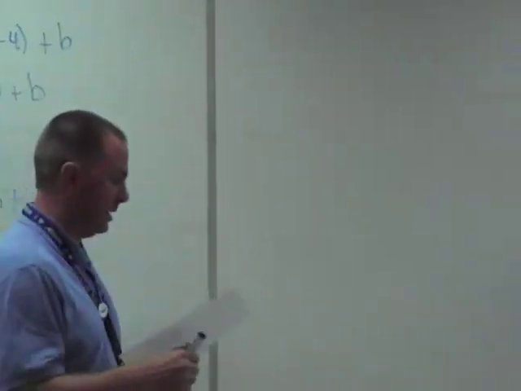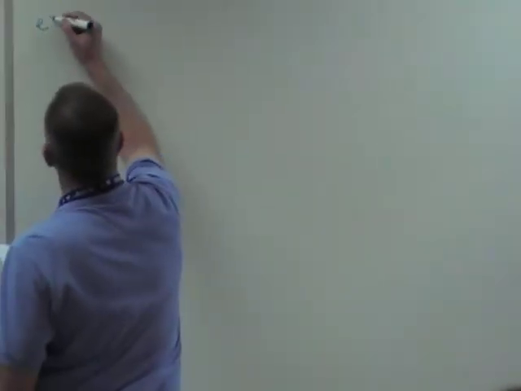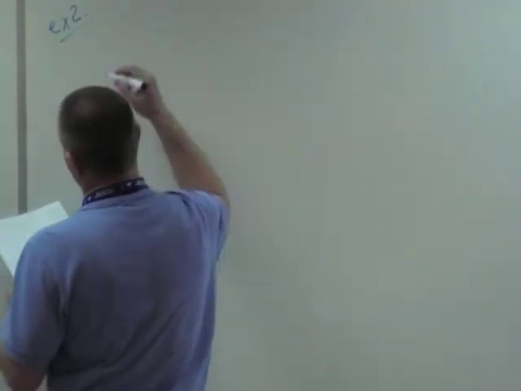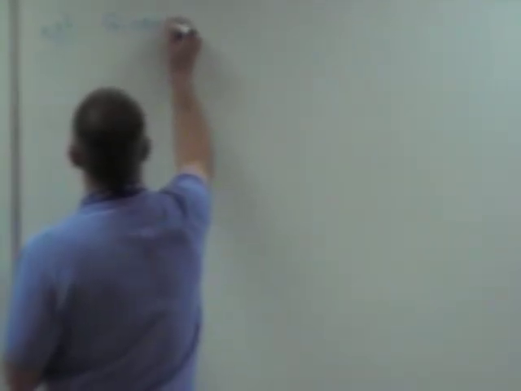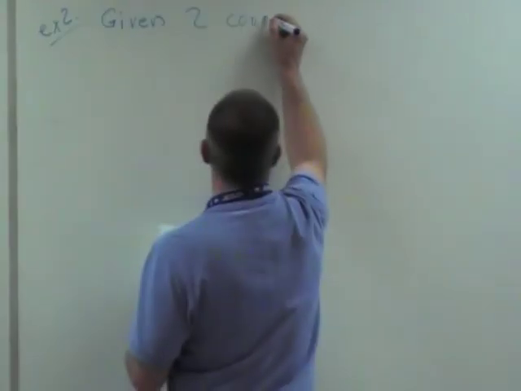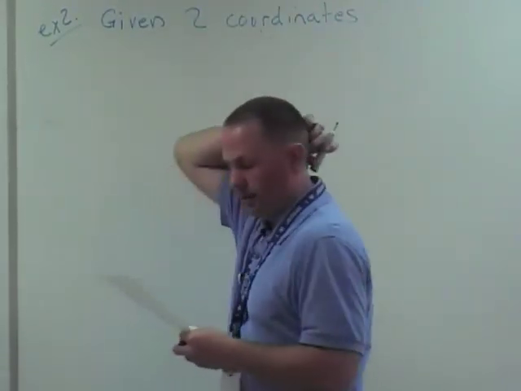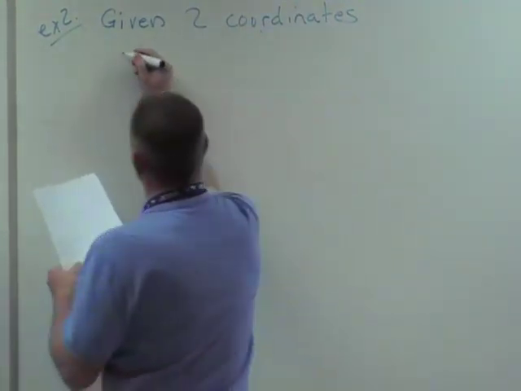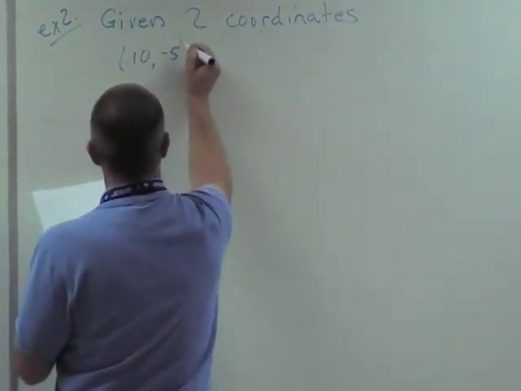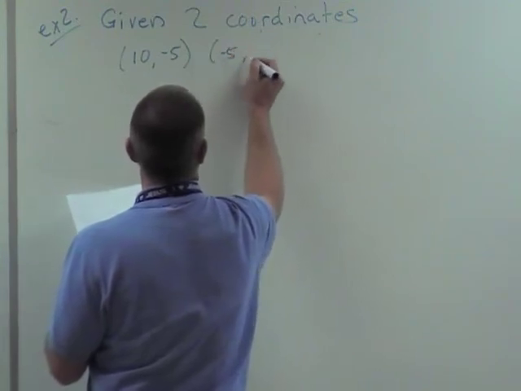All right, example 2, and this is very typical. Given 2 coordinates, write the equation. Here are your 2 coordinates: (10, -5) and (-5, 1).